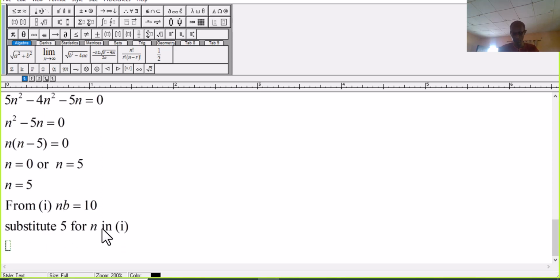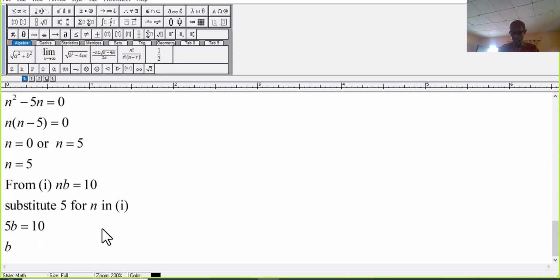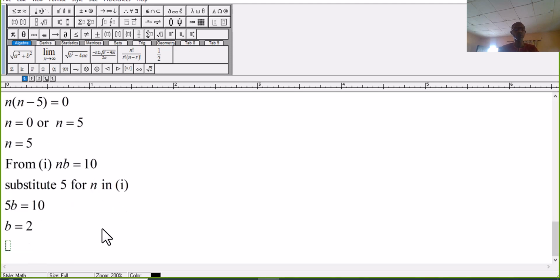So you have 5b equals 10. So our b is equal to 2. So we have gotten the values of what we need. Our a equals 1, our b equals 2, and n is equal to 5.